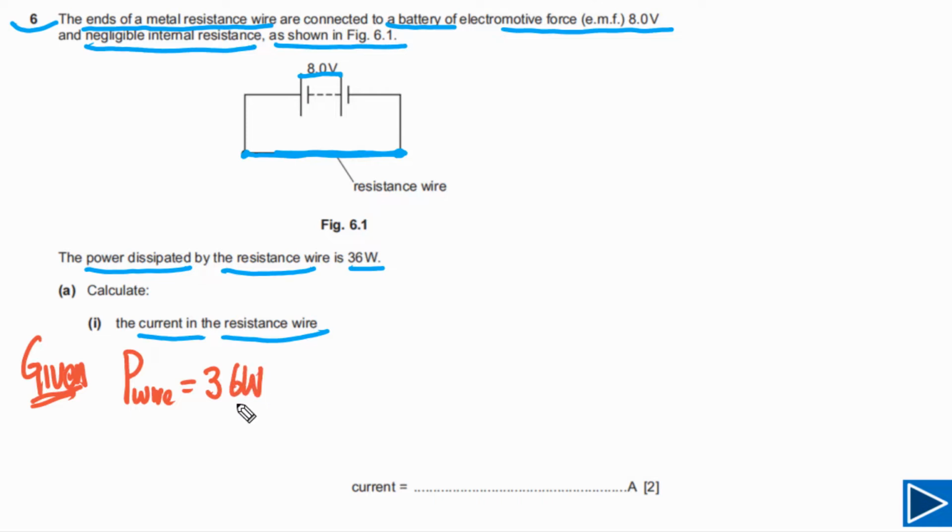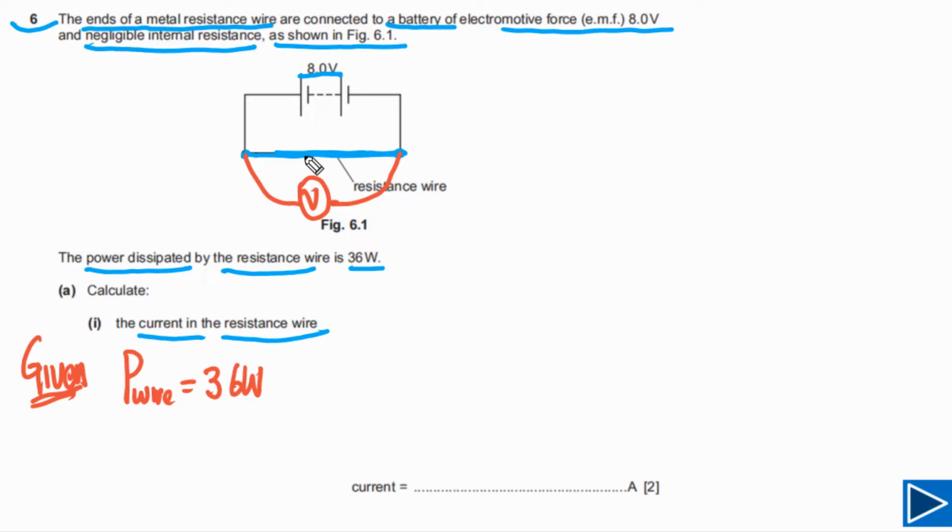Now we need to find out what else we can find from the given data. If we connect a voltmeter across this wire, we can find the value of V, the potential difference across this wire, and that has to be equal to 8.0 volts because this battery has no internal resistance.